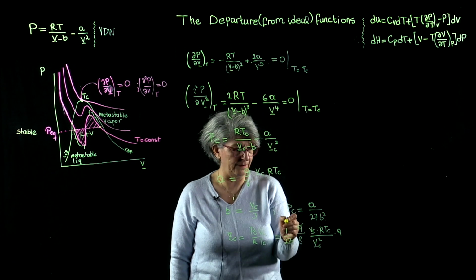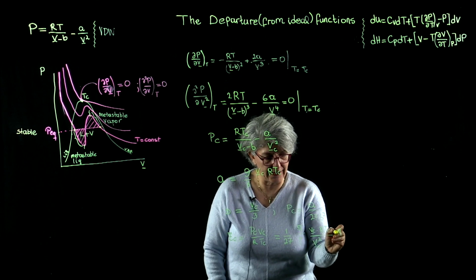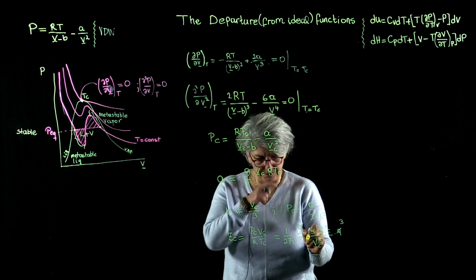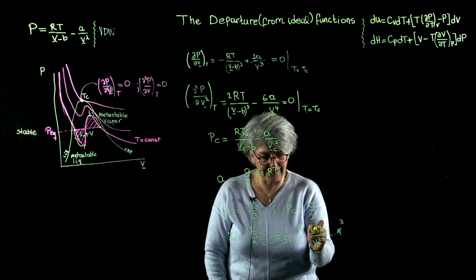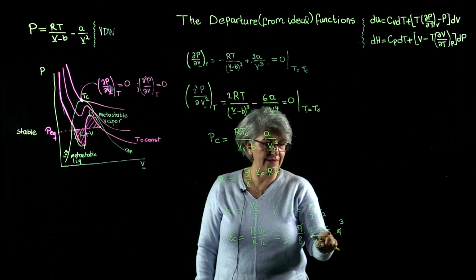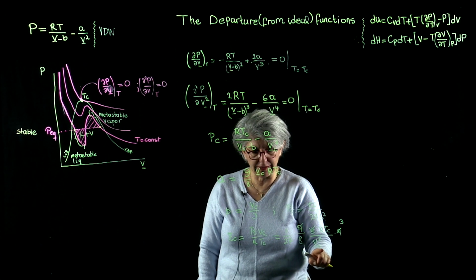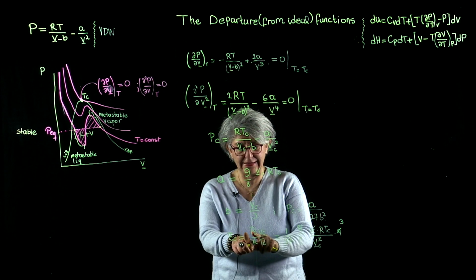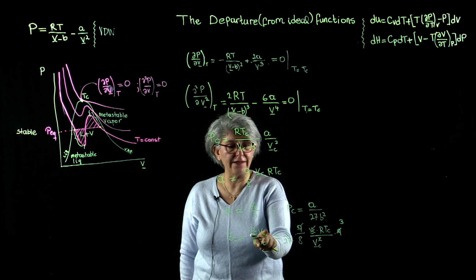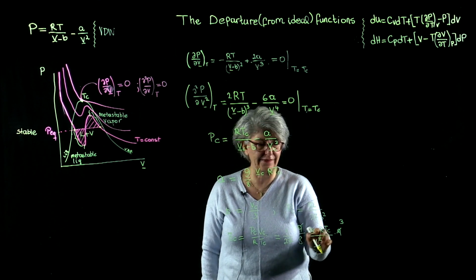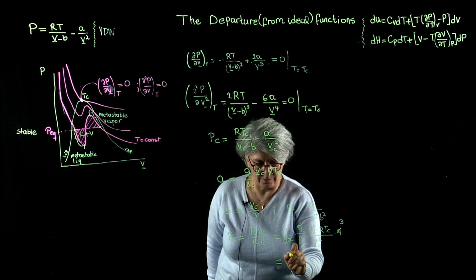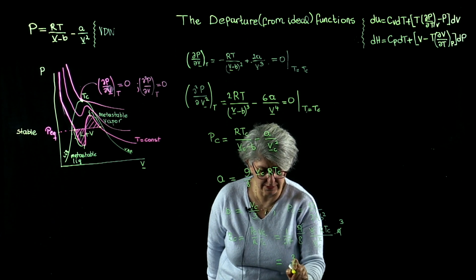Now the 9 and 9 and 27 cancel to have 3. We have V critical cancelling with this one, RT critical over V critical. Z critical is equal to P critical times V critical over RT critical. We end up getting Z critical as 3 over 8.